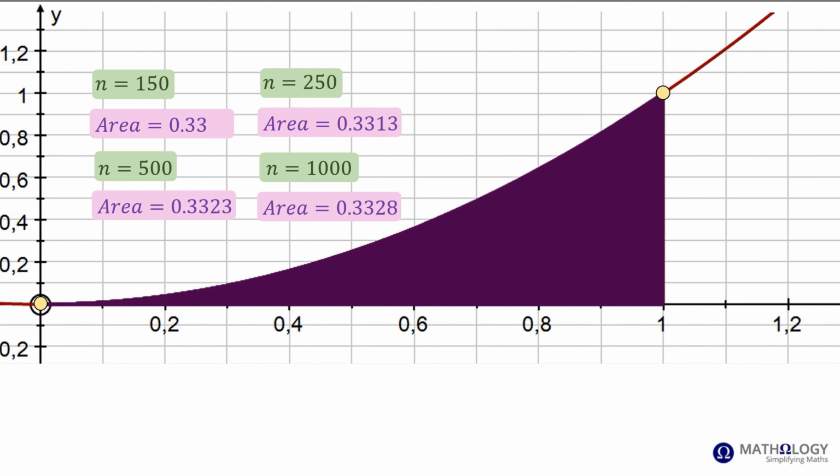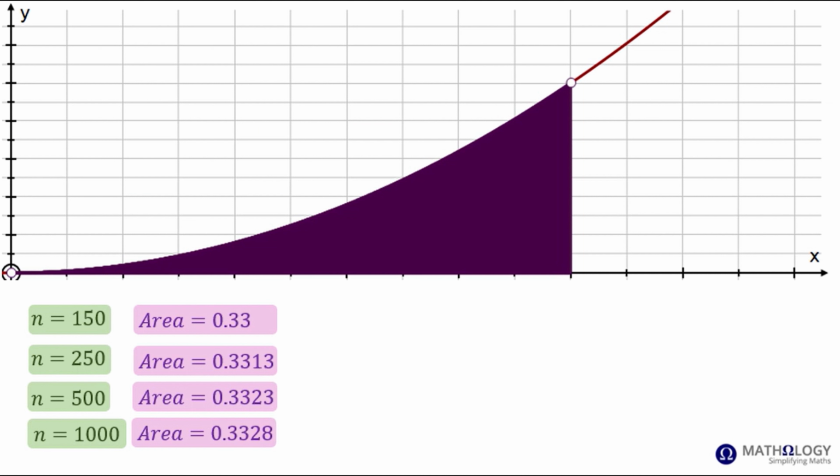Now, since we can't measure infinity, if we take the limit as n approaches infinity, n being the number of rectangles underneath the curve, we get the exact area underneath the curve. And that is how integration was born. So that is the entire crux of integration and the area underneath the curve.